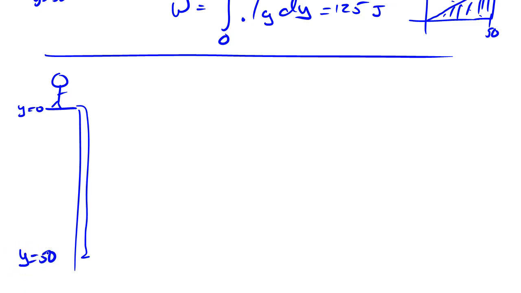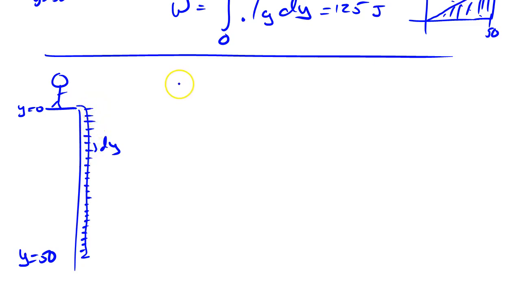Essentially, what I'm thinking is I'm going to take this rope and cut it up into a bunch of little pieces, all the same length. Each one of these has a little bit of length dy. What I'm going to do now is say, how much weight is there in that tiny little bit of rope, and then how far do I have to lift that piece?